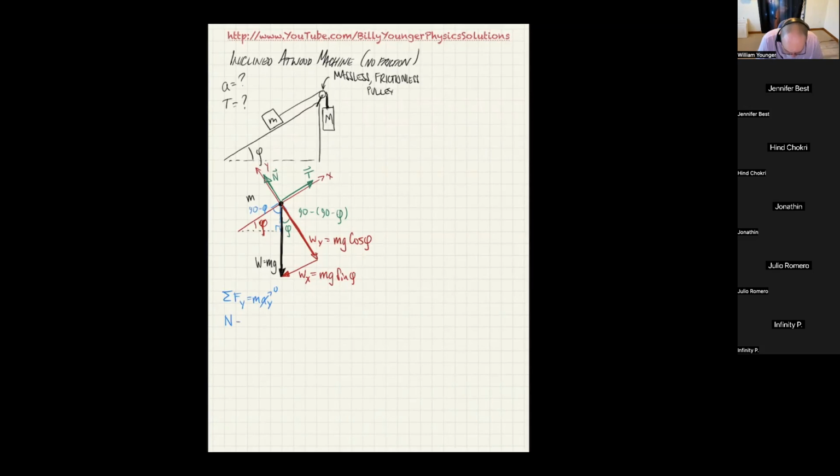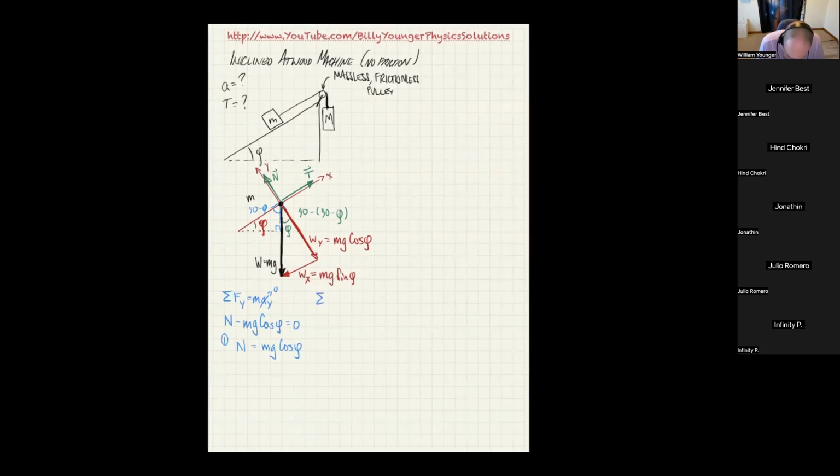I'm just going to say minus mg cosine phi. That's all the forces acting because there's no friction, and all that has to equal 0. So we get equation 1. Evidently, the normal force is just equal to mg cosine phi. But again, we don't need that, so I just did it for completeness.